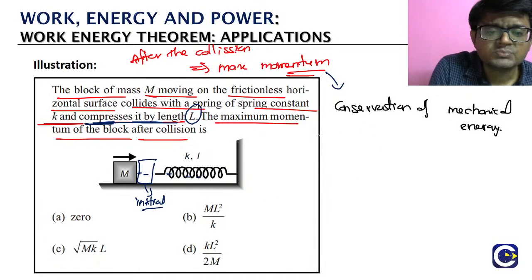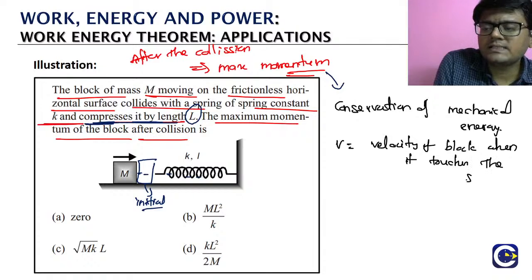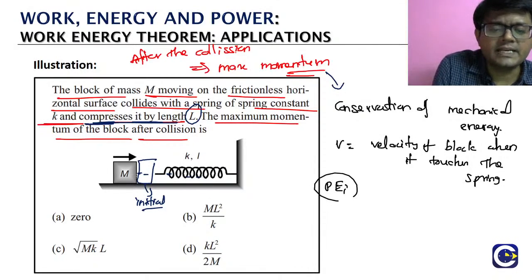Look here, when it is touching that spring, let us say v is the velocity of the block when it touches the spring. We do not know its value; that is what we have to calculate. Now, that point where it is touching is the initial state.